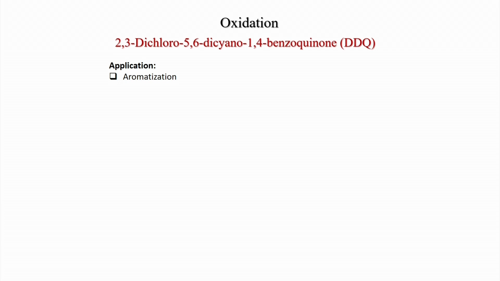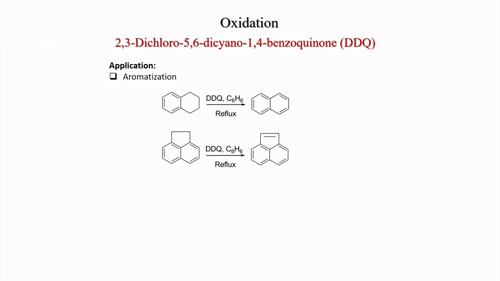First we will discuss aromatization reaction, and this is tetrahydronaphthalene. Tetrahydronaphthalene, if you put DDQ, you generate two double bonds and it gets aromatized under benzene reflux condition.